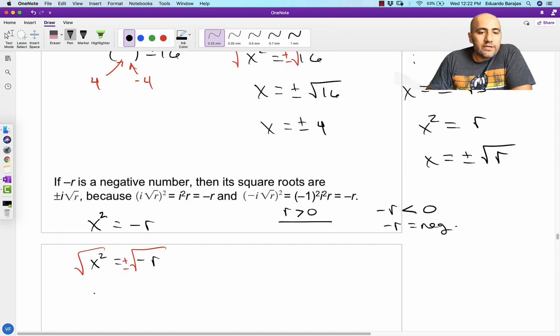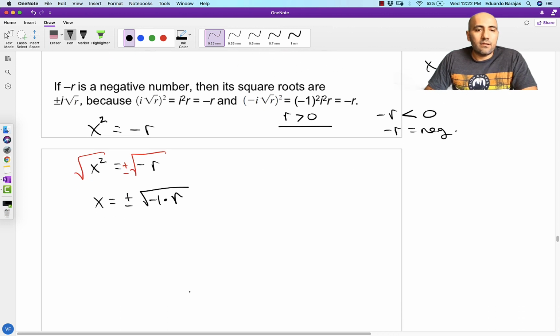This is going to be plus or minus square root of negative 1 times r, and we know that the square root of negative 1 is i, so we're going to say x equals plus or minus i square root of r. Okay, so both of these things work because if we replace this x by either one of these, we're going to get a true statement, right? Check.